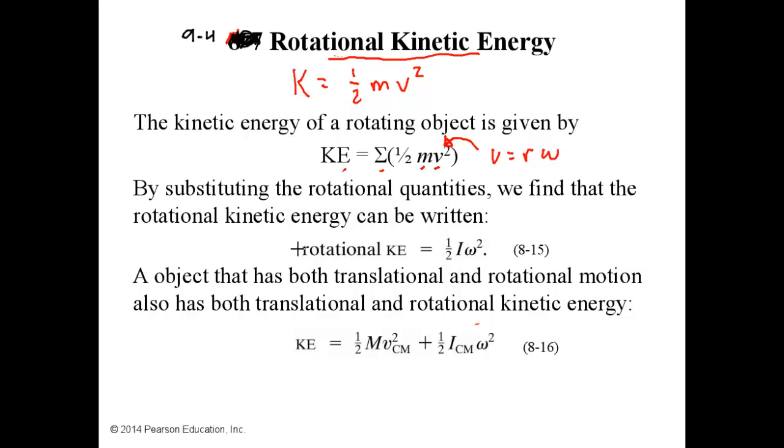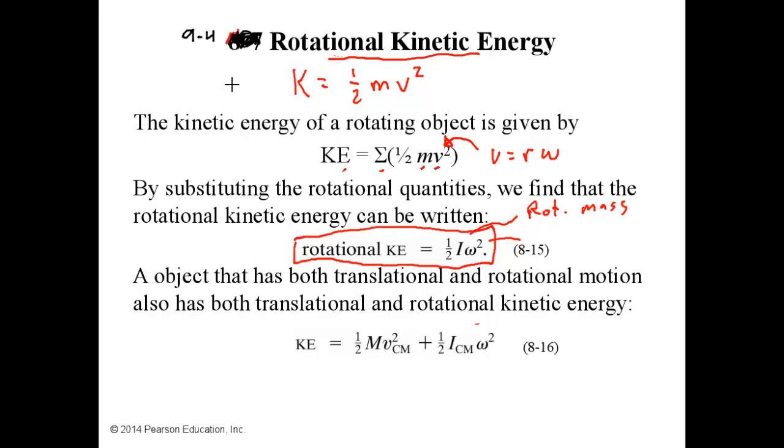Turns out that we can write our rotational kinetic energy to be 1/2 I omega squared, where this I is going to be the rotational mass, and I'll talk about that quite a bit more in the next couple of slides, and this omega squared is simply the angular velocity that we're already familiar with.